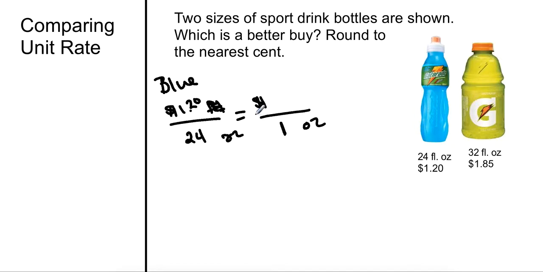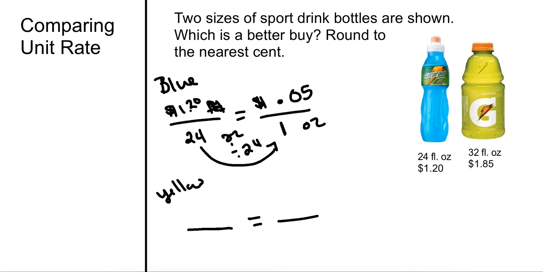So I need to take $1.20 and divide it by 24, because that's how I got here. And that would give me 5 cents for 1 ounce. So let's check out the yellow now. Again, I'll go dollars and ounces, dollars and ounces. So I have $1.85 for 32 ounces, and I need to get to 1.